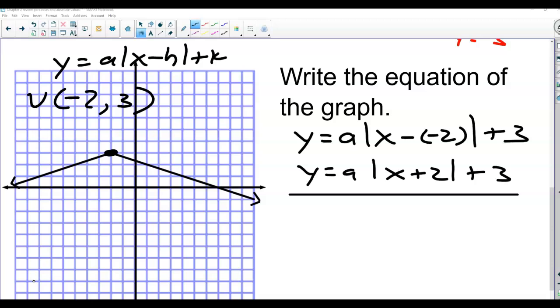Since it opens downward, what is the slope going to be? Positive, or what is the A term going to be, I should say? Positive or negative? Yes, Yassine? Negative. Very good. So the A term here, because of the slope, would be negative 1/3. And I can plug my negative 1/3 in, and this would be my answer.